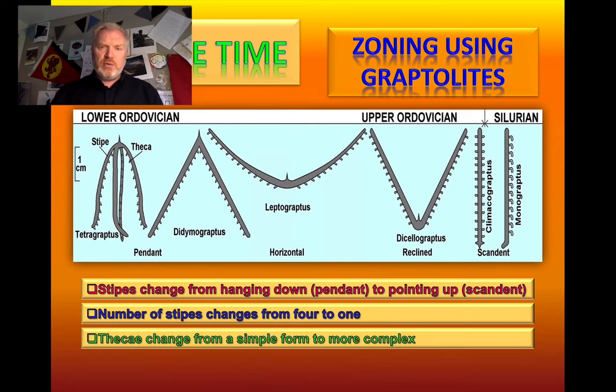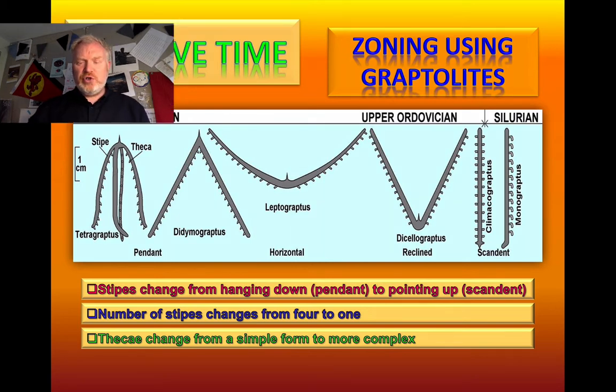What I want you to do is to have a go at question 8b. This will give you the opportunity to have a go at zoning these fossils, knowing those evolutionary changes. That allows us to be able to split up the Ordovician and Silurian periods into time zones.